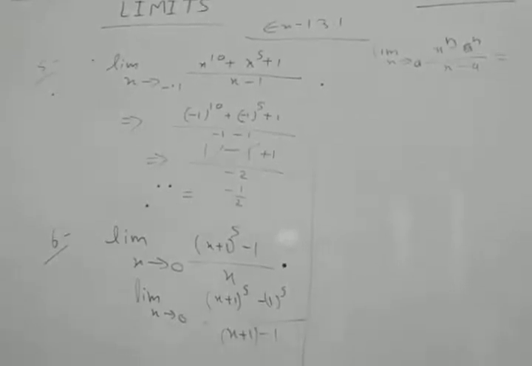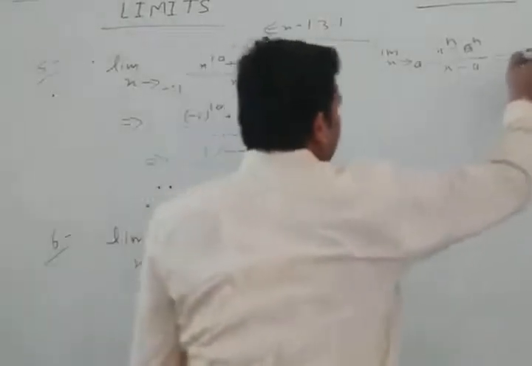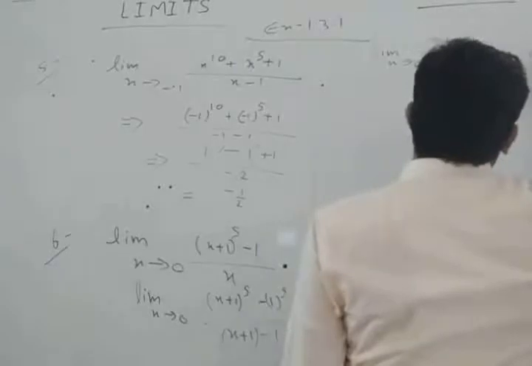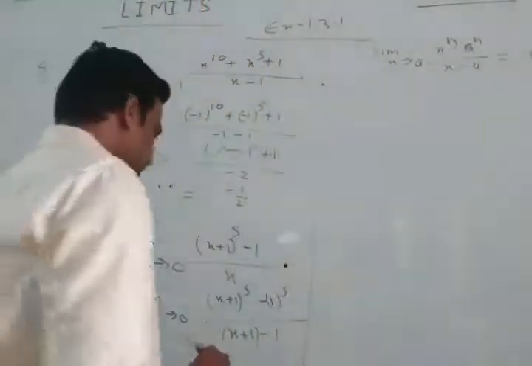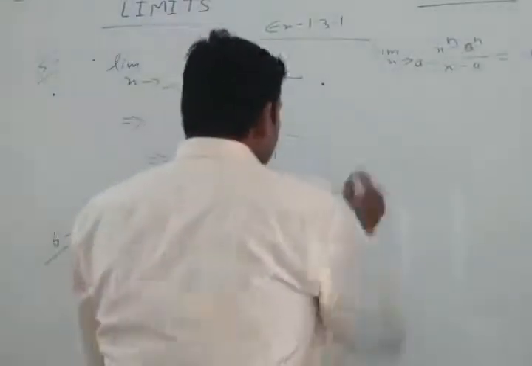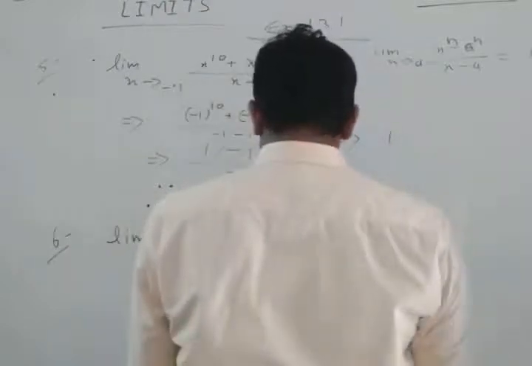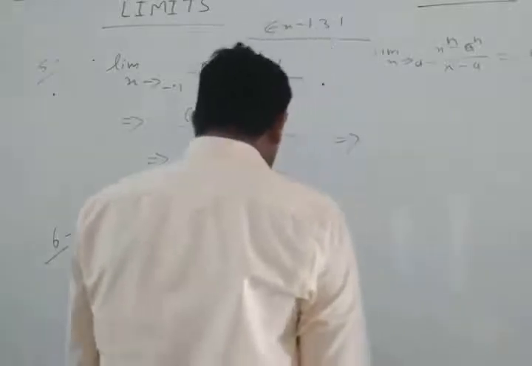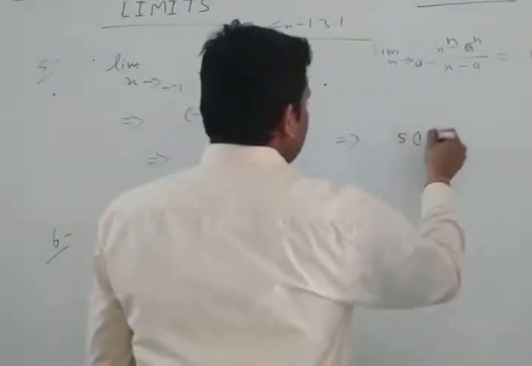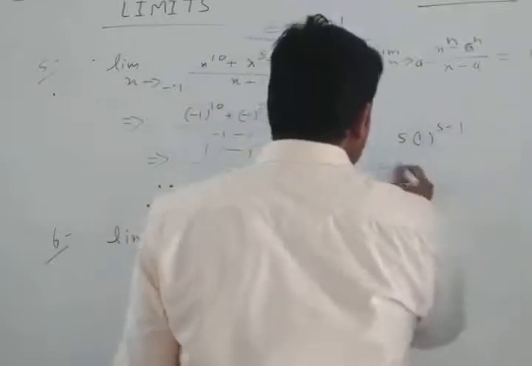This is equal to n a to the power n minus 1. So we'll use this formula. We will write this, which implies 1 into n, and n is 5, and 1 to the power 5 minus 1, that is, 5.